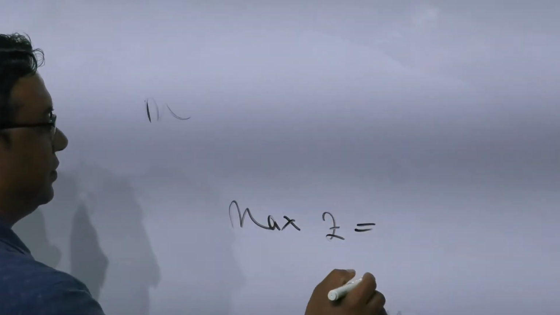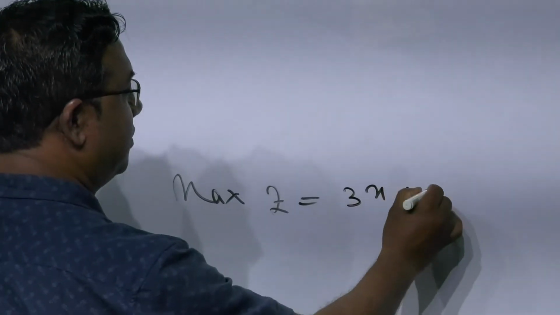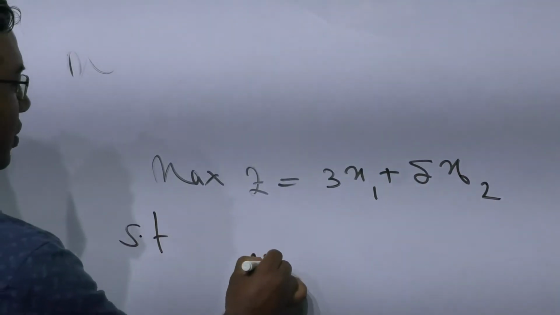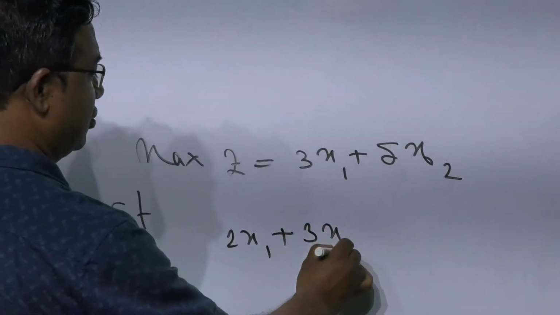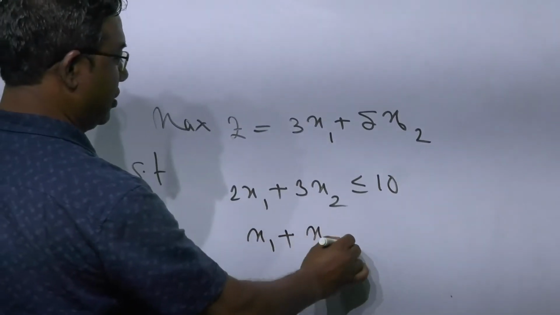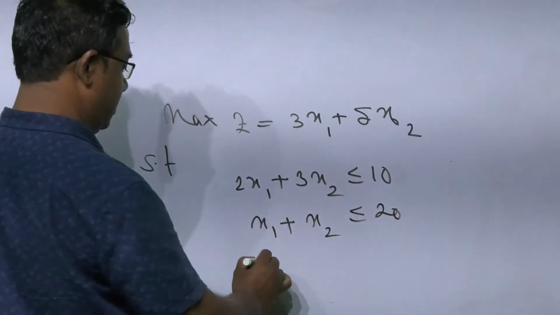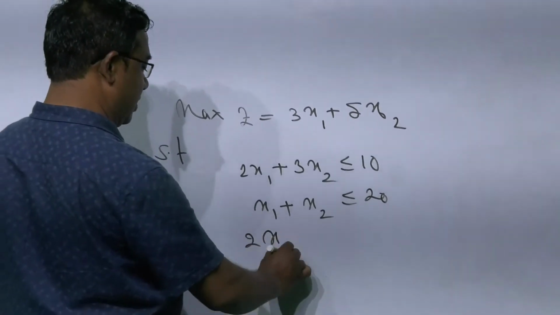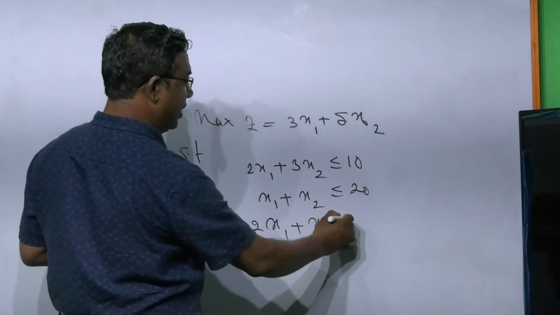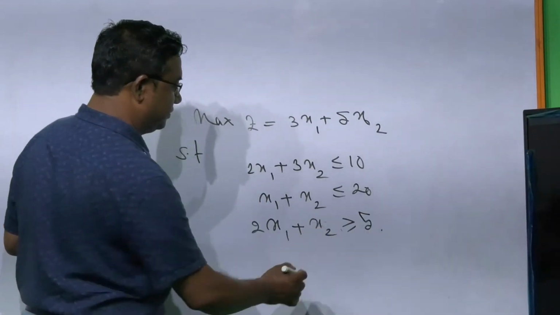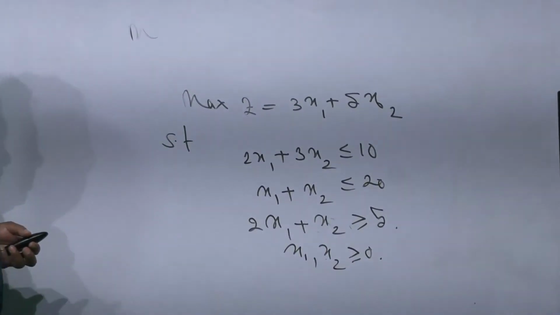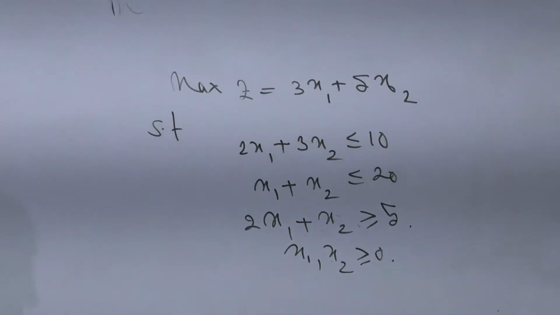Maximize z equal to 3x1 plus 5x2 subject to 2x1 plus 3x2 less than or equal to 10, x1 plus x2 less than or equal to 20, 2x1 plus x2 greater than or equal to 5, and x1, x2 greater than or equal to 0. Suppose the problem is like this.